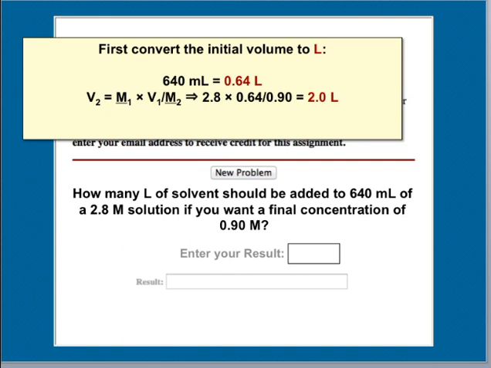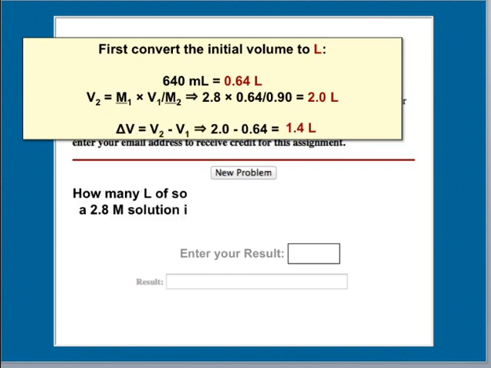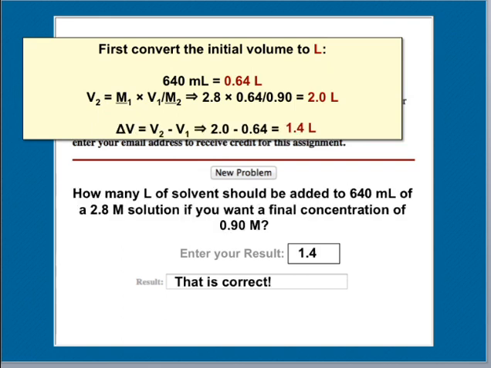We have to subtract these. Our 2 liters minus our 0.64 liters, we need to add 1.4 liters. So if you get one of these in your set, it's a little more complicated. Remember, you're looking for how much you have to add to it.